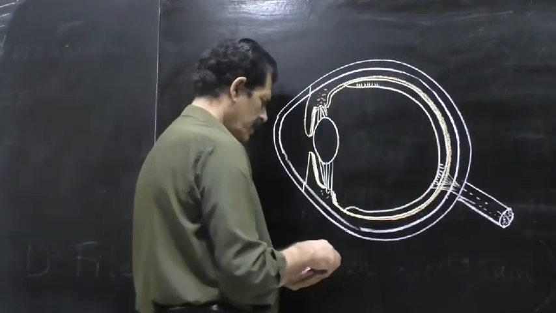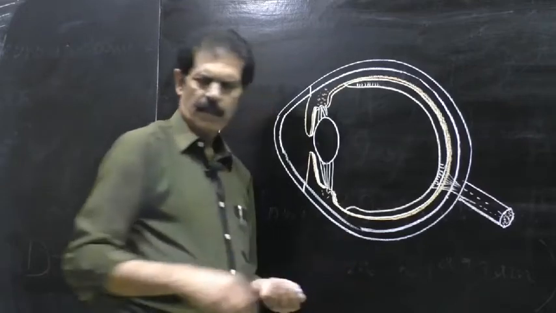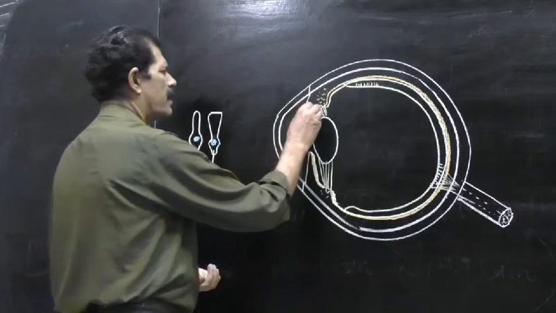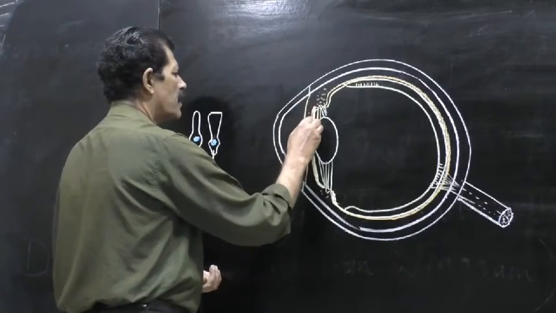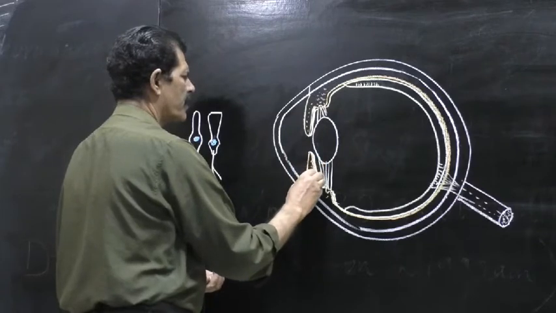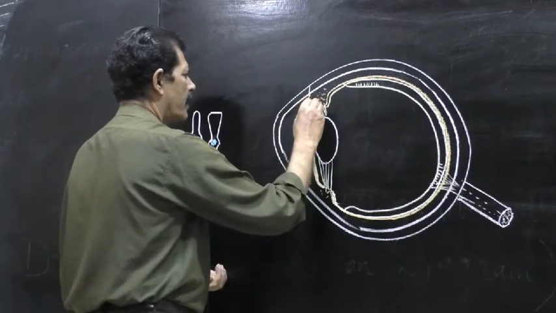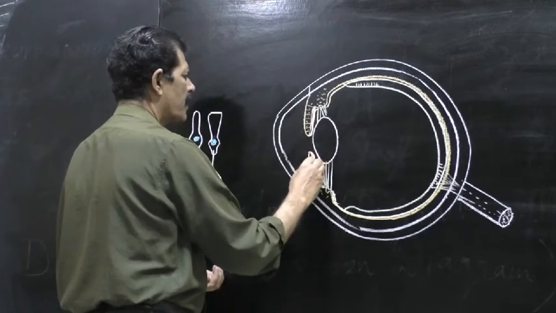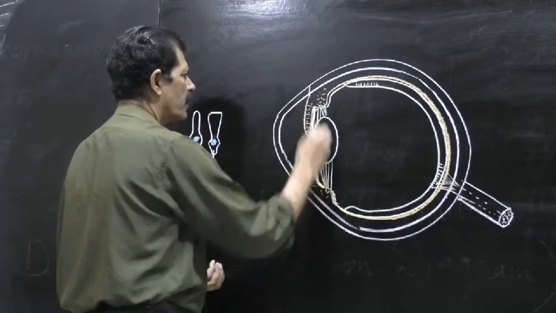And the smooth muscles present inside the iris, that is the circular muscles, the sphincter pupillae, are supplied by the parasympathetic fibers, and the radial muscles are supplied by the sympathetic and cause dilatation.